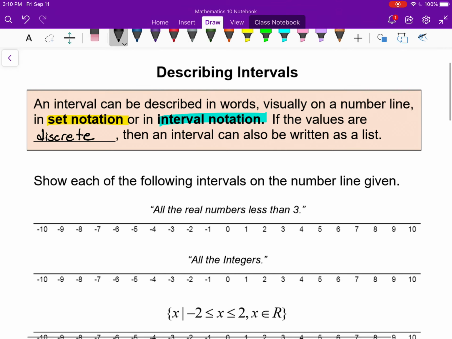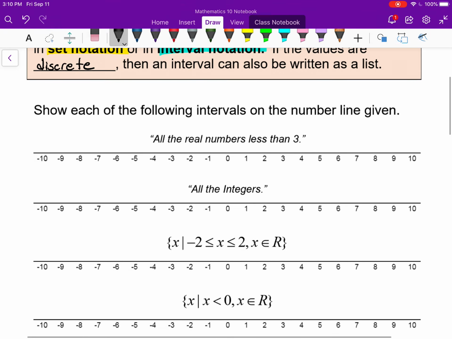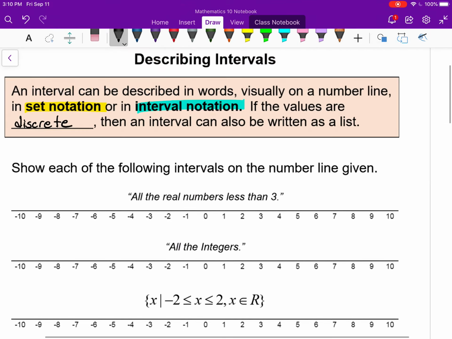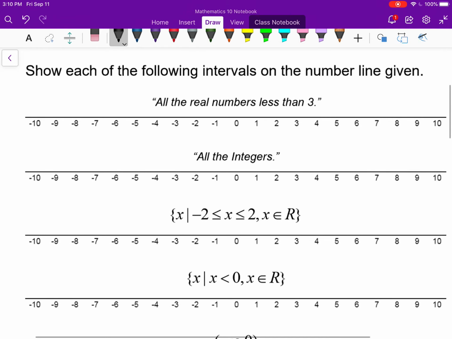So let's look at this first interval. For each of these, I want to show it on the number line. And first I'm describing intervals in words, and then these other ways, which I'll get to. All right. And so the first statement says all the real numbers less than 3. So real numbers are just numbers that are real as opposed to fake.